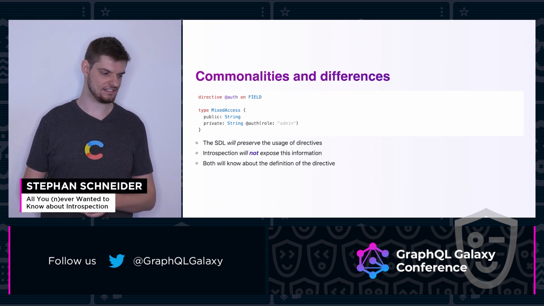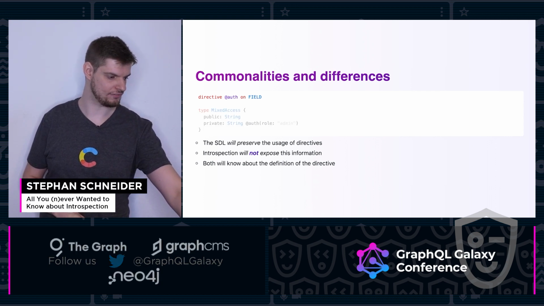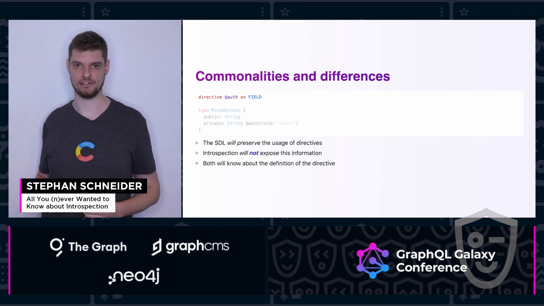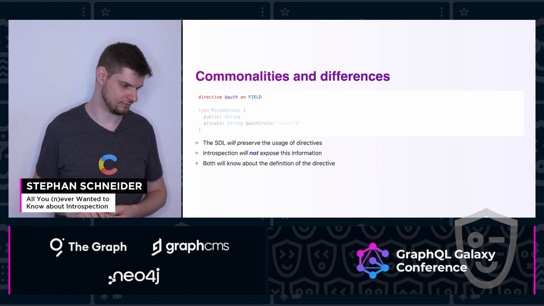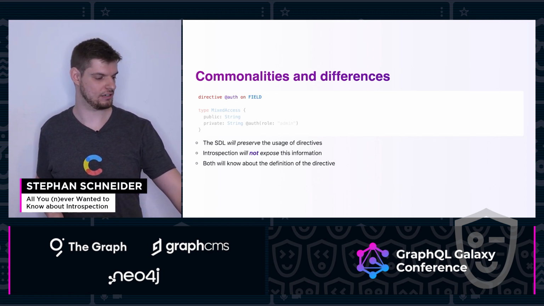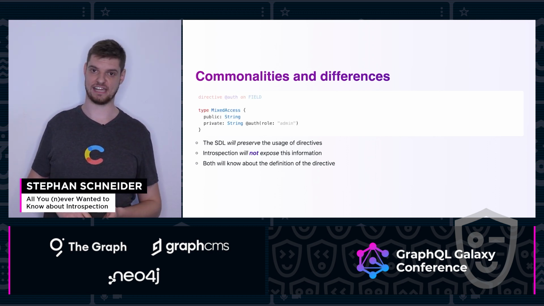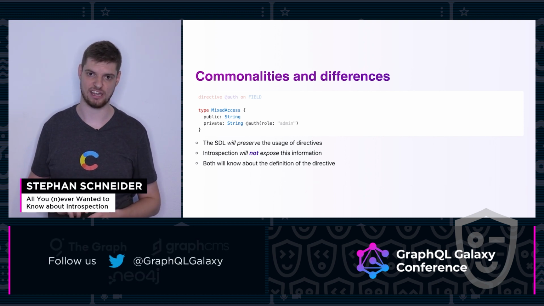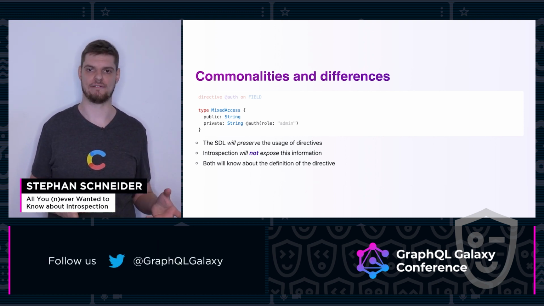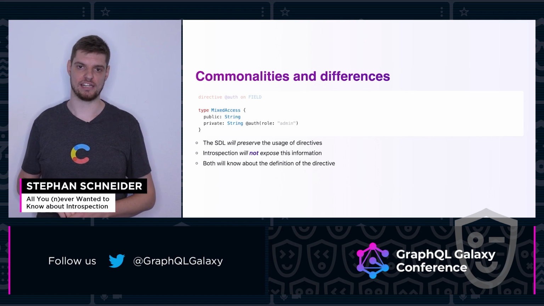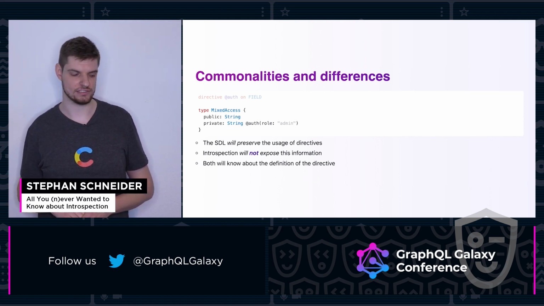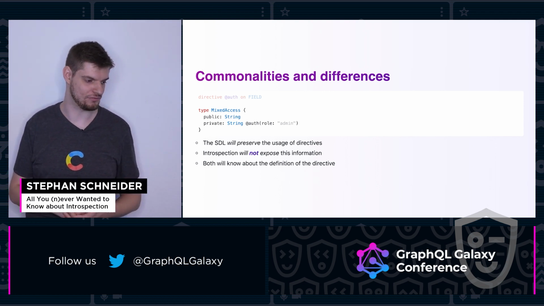On the SDL, we can have something called a directive defined. Here we have the addAuth directive on a field. And then we can use this, for example, on a MixedAccess type. The MixedAccess type has a field which is public and everyone can access it. But it can also have private fields, which we just call private here for convenience.